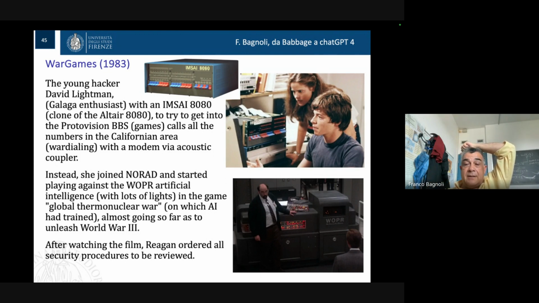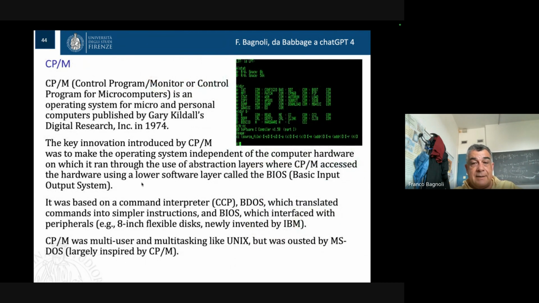Actually, it was contacting a military computer, which thought it was being contacted by its programmer, his father, and wanted to play a thermonuclear war, which was a real thing. Then the computer started to try to launch the atomic bomb by itself. It is a very nice movie with a lot of quite realistic details.